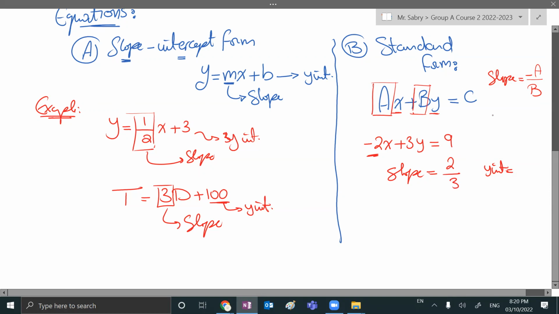The y-intercept on the other hand is supposed to be c over b, which is the number out here over the number next to y, and there are no signs to change at all. So in this case I'll take 9 divided by 3. 9 over 3 is 3, so I have the y-intercept and I have the slope. Is this one clear for everyone? Very good.